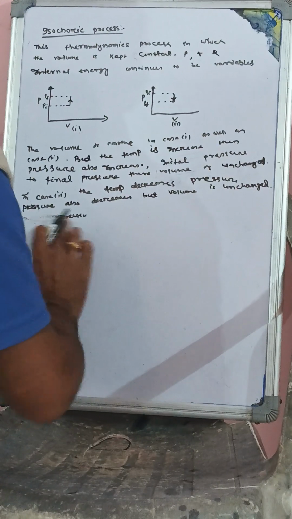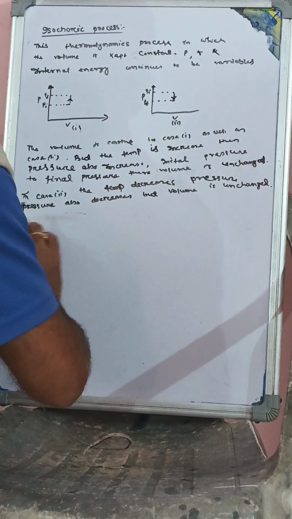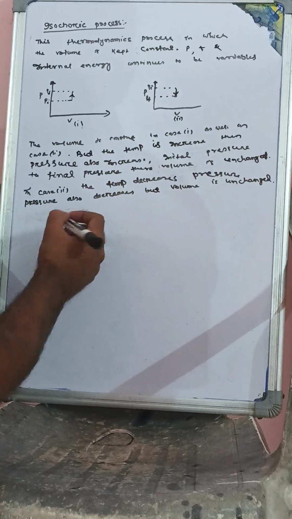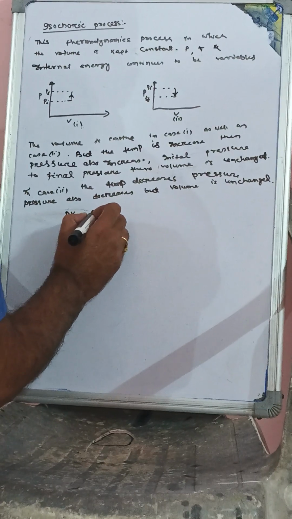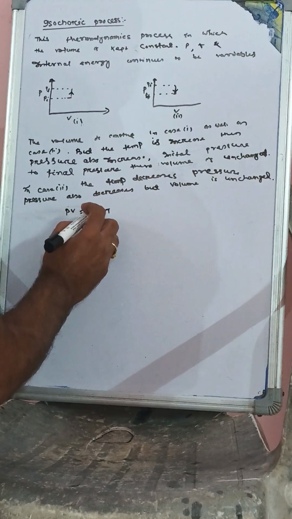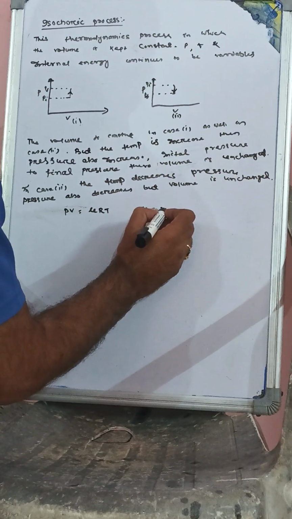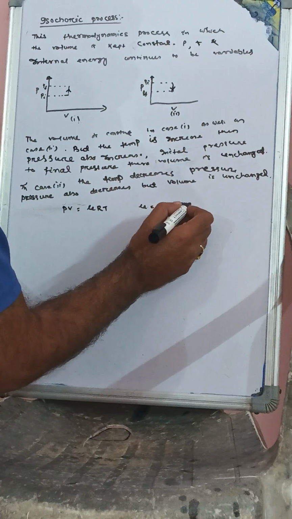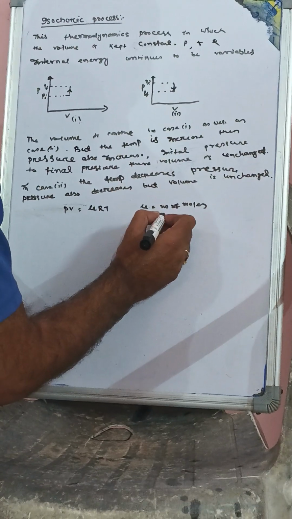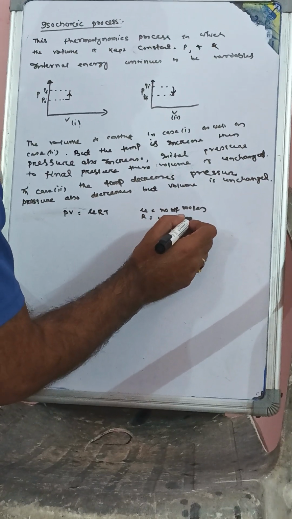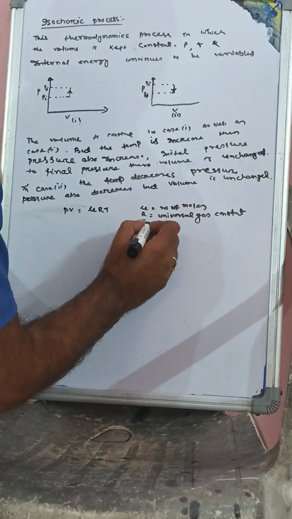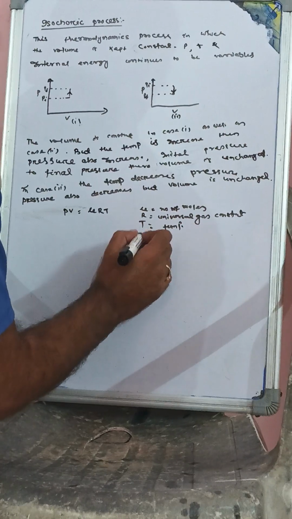We will find the dimension. We know PV is equal to mu RT, where mu is the number of moles, R is the universal gas constant, T is temperature, and P is pressure.